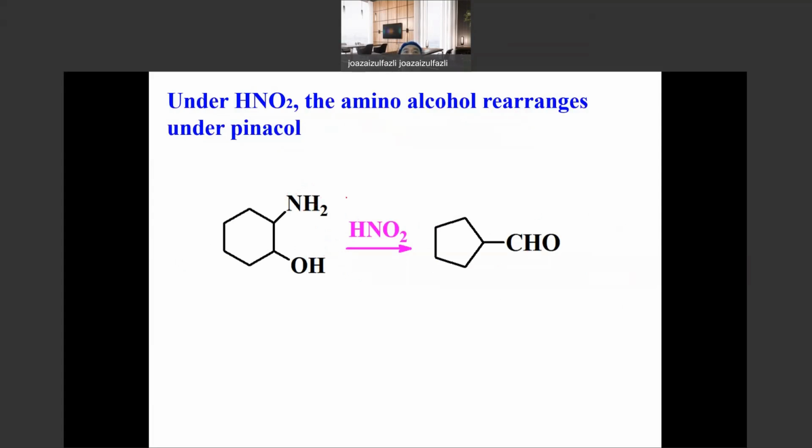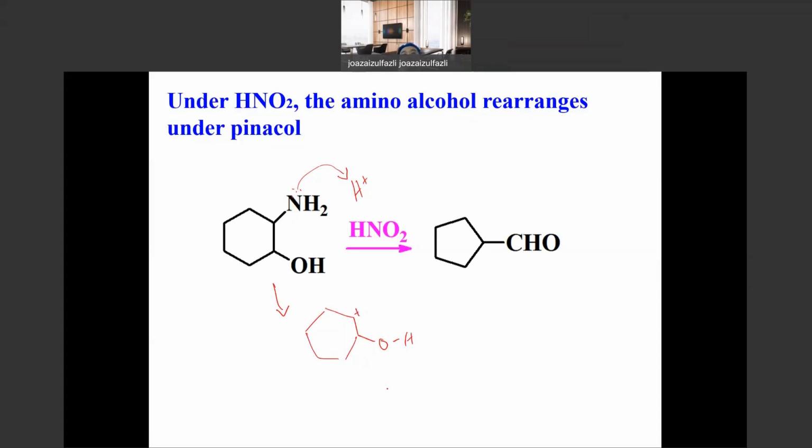The one that takes the H plus is the N from the amino group, and then you lose ammonia to form a carbocation at this position.